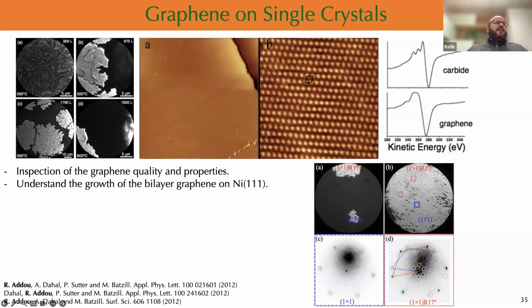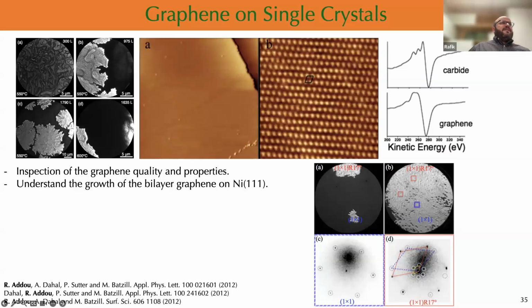Those are screenshots from a video. We record videos of how the growth proceeds. You can see at 550 C, actually, we start with the carbide. This is the transition temperature from carbide to graphene. We start with carbide because we see this AES signal that is representative of carbide.